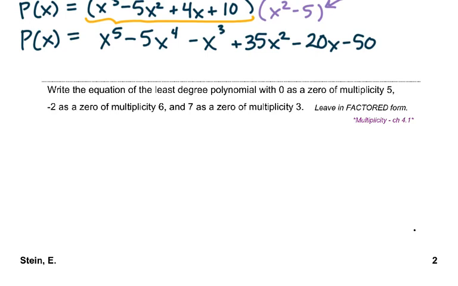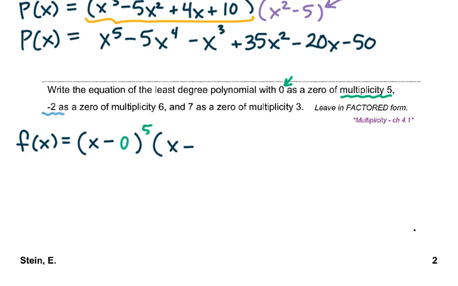So my possible function f of x equals, I have x minus 0, and the multiplicity on this factor is 5. x minus, my next 0 that I'm dealing with here is -2, so x minus -2, which has a multiplicity of 6.